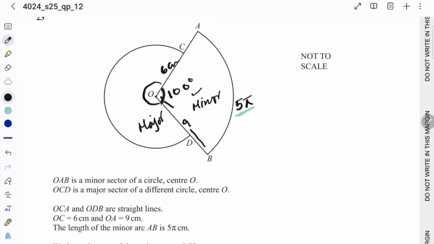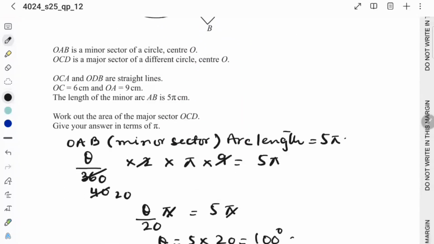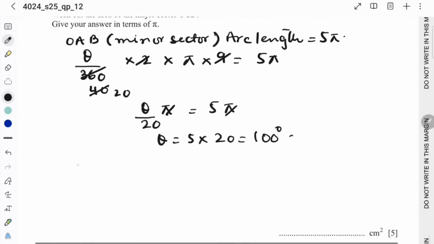So the angle will be 360 minus 100, which is 260 degrees. So the angle for the major sector is 360 minus 100, equal to 260 degrees.